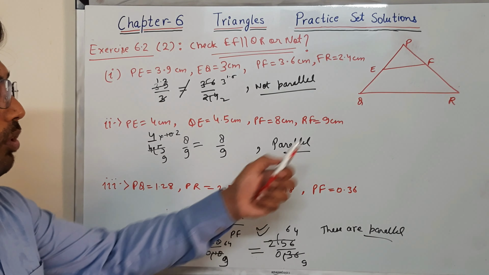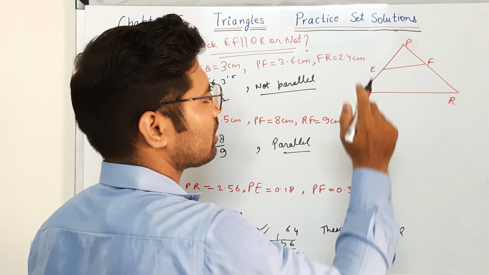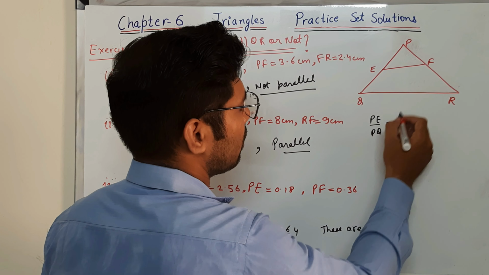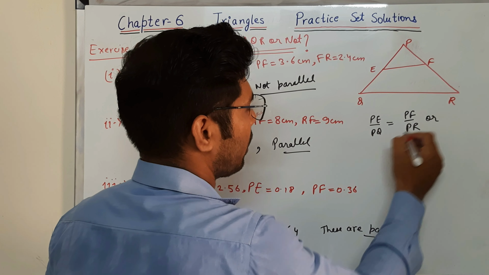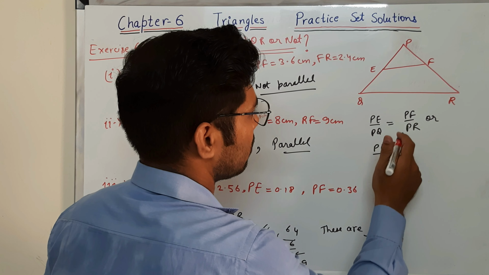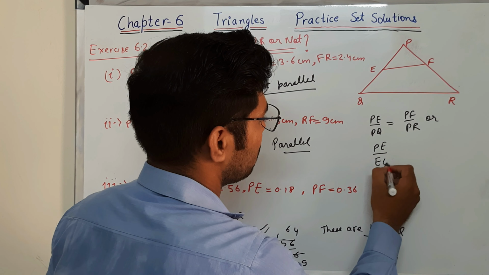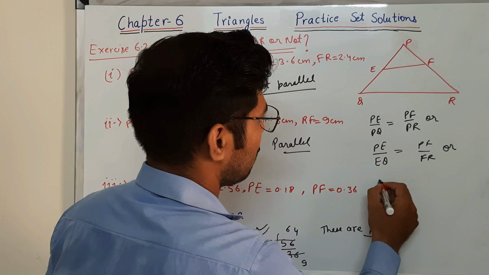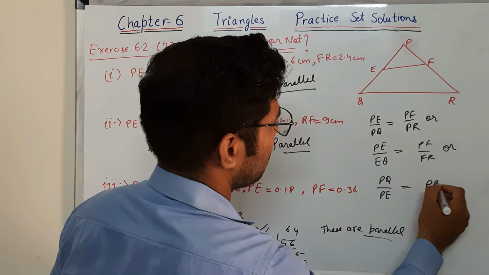So what theorem did we use here? If these lines are to be parallel, the ratio of the sides must be the same. You can take PE upon PQ is equal to PF upon PR, or PE upon EQ is equal to PF upon FR, or PQ upon PE is equal to PR upon PF.